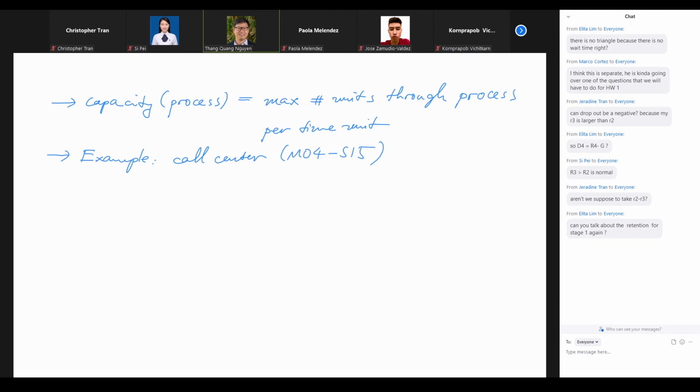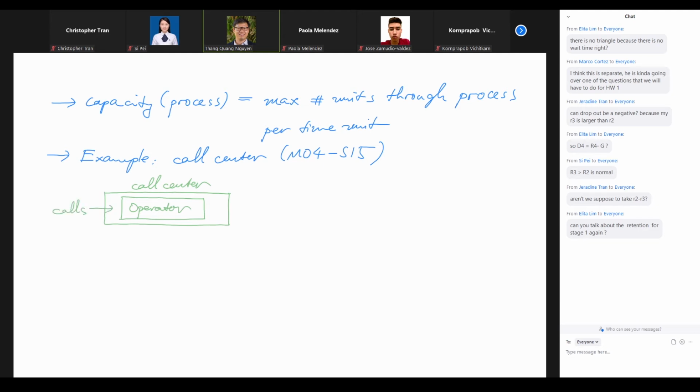So we have the process as a call center. Right, that's the whole process. At the heart of that call center is the operator. Okay, the operator will answer the calls.